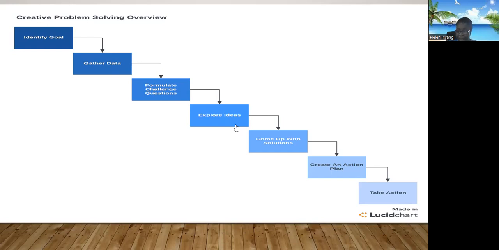Sometimes the ideas may sound very stupid, but make sure that you pin them down and write them, even the ideas that have little to no chance of working. Make sure that you write them down.